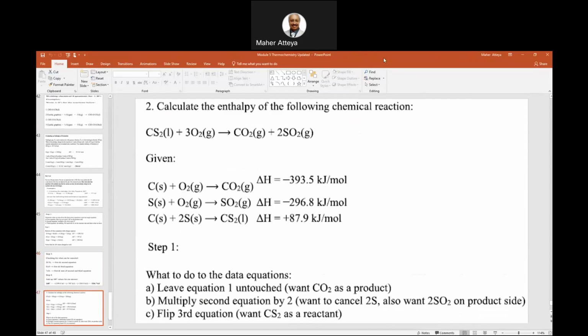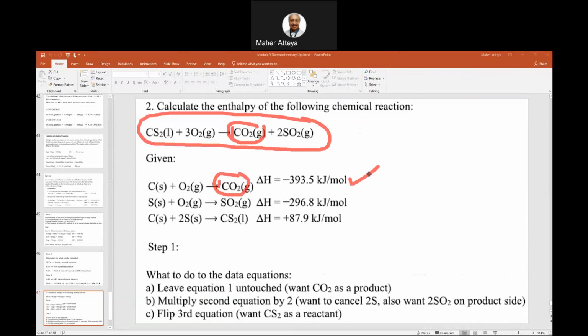Another reaction. Let's look at this, guys. We have this. So now what do you think? This is the product, correct? This is my product. So I keep this one here as is. I'm not changing this one here. 1 mole, 1 mole. So I'm keeping this one as is, no change when I add them up. So sulfur is not there, but oxygen is here, correct?